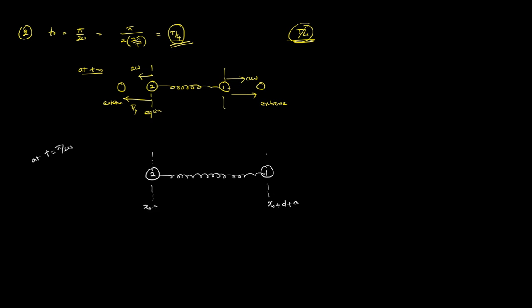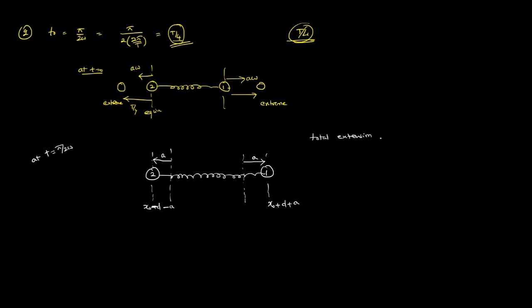This one is x naught plus d. Okay, sorry, x naught minus d, x naught minus d minus a. So this is the equilibrium, which is also natural length of spring. Now the spring is extended by a left side, even a right side. That means total extension in the spring.